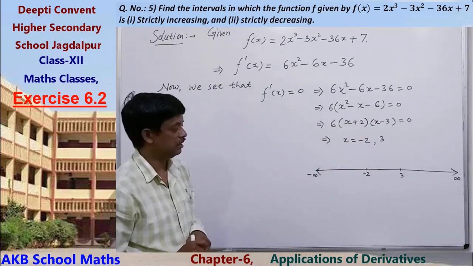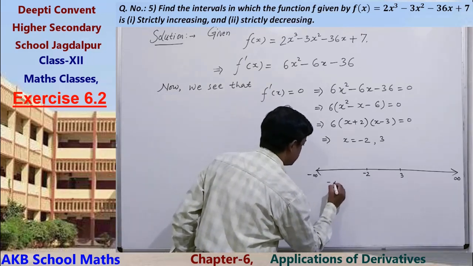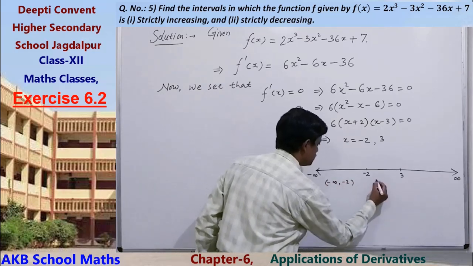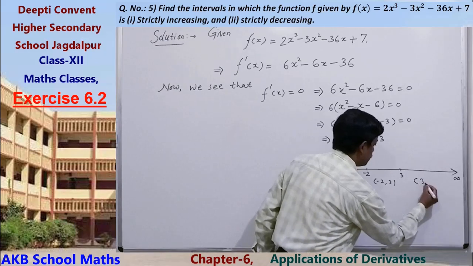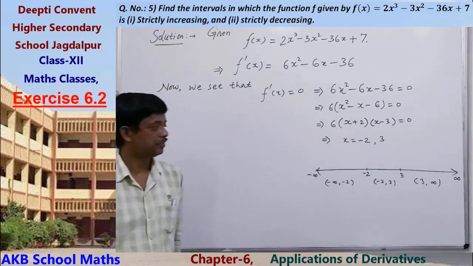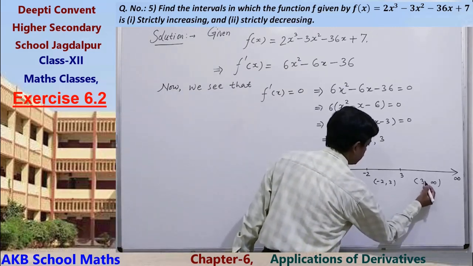The intervals are minus infinity to minus 2, minus 2 to 3 open interval, and 3 to infinity. Clear? These are 3 intervals.